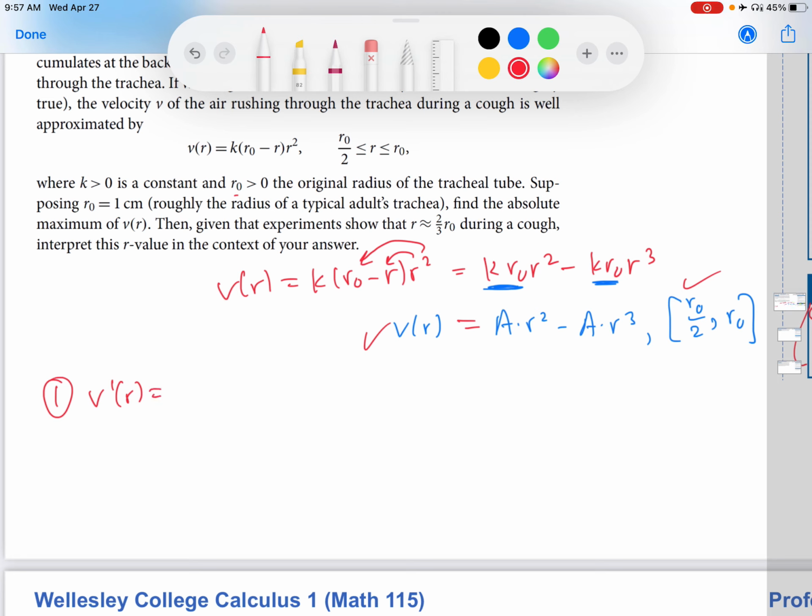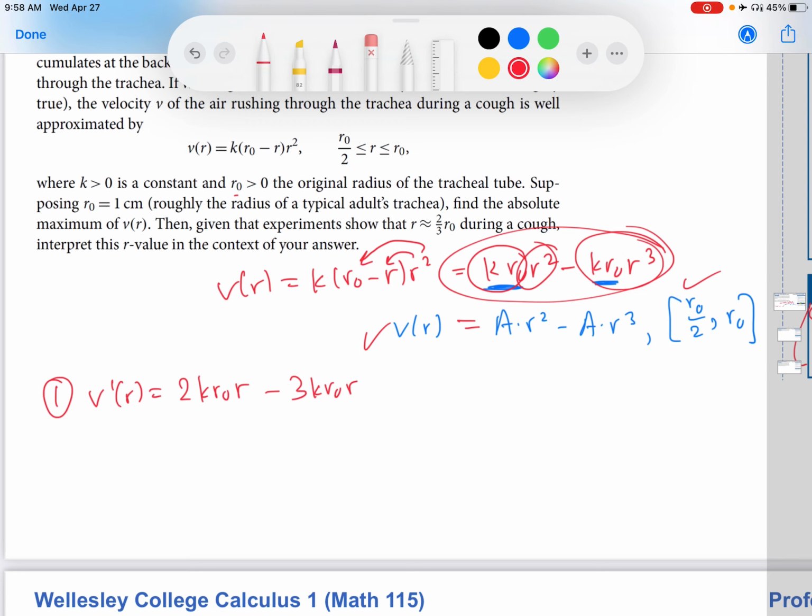Well, I have to find the derivative. Let's go back to this form up here. So I'll find the derivative there. Remember, this is a constant, so I get 2 times that constant times r, differentiating r squared. And then over here, differentiating r cubed, I get 3 times r squared. Great, so I found the derivative.